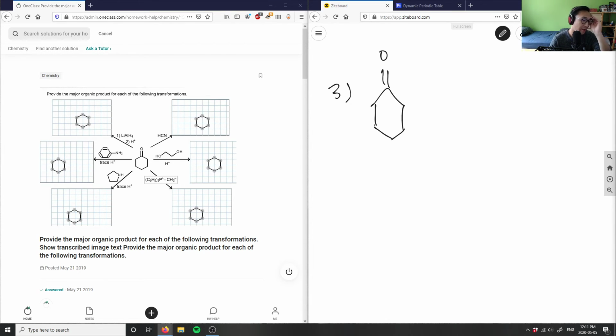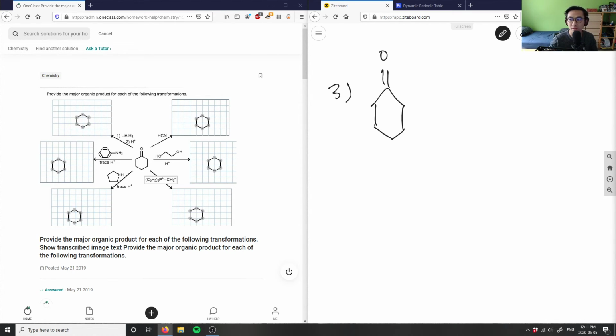I'm reacting cyclohexanone with lithium aluminum hydride, and I'm working it up with acid workup here. So we know for a fact that lithium aluminum hydride here is an oxidizing reagent. Sorry, that's what I'm trying to say. Oxidizing reagent here.